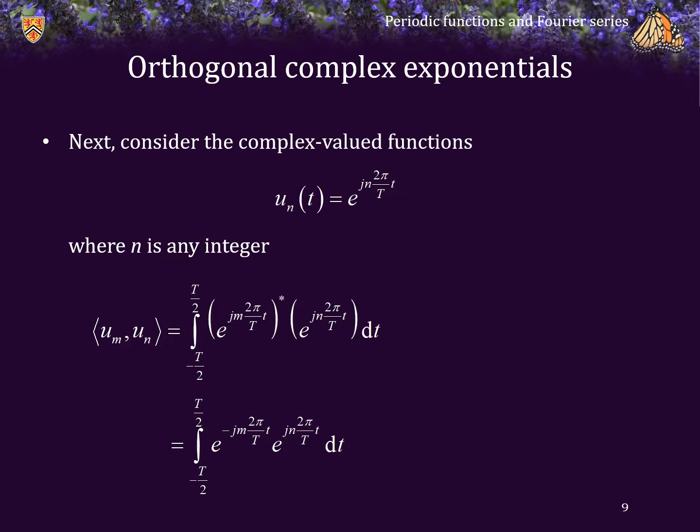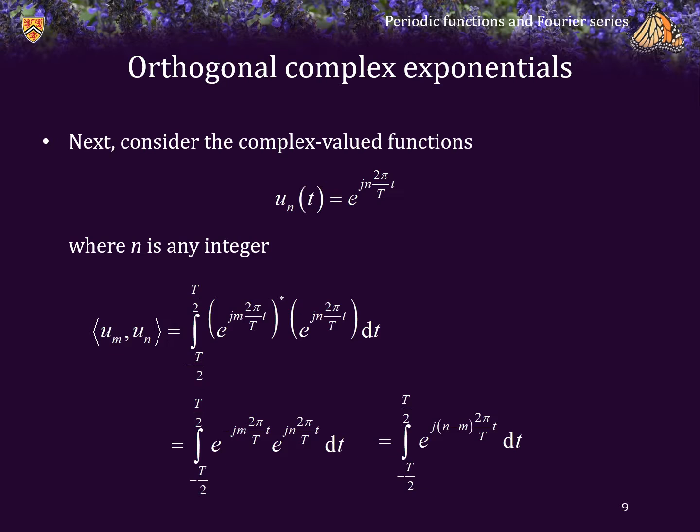However, the product of two exponentials is simply the exponential of the sum of the exponents. So if we sum the two exponents and factor out that which is common, we get that this inner product is just the integral from negative T over 2 to T over 2 of e to the j times the difference of n minus m times 2 pi over capital T, all times t. Again, t running from negative T over 2 to T over 2.